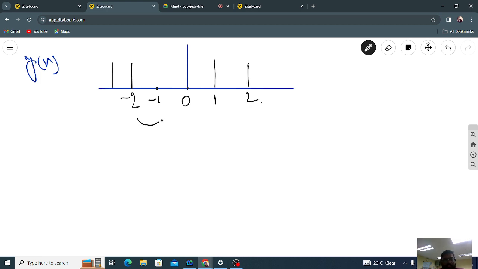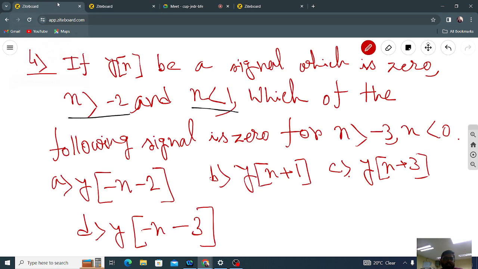So within this interval it is taking the values zeros. So we have to find the signal for which it is 0 within this interval.